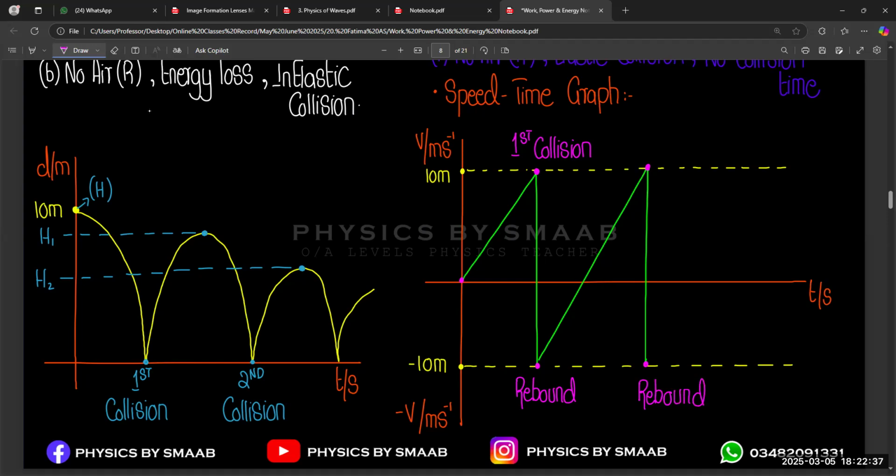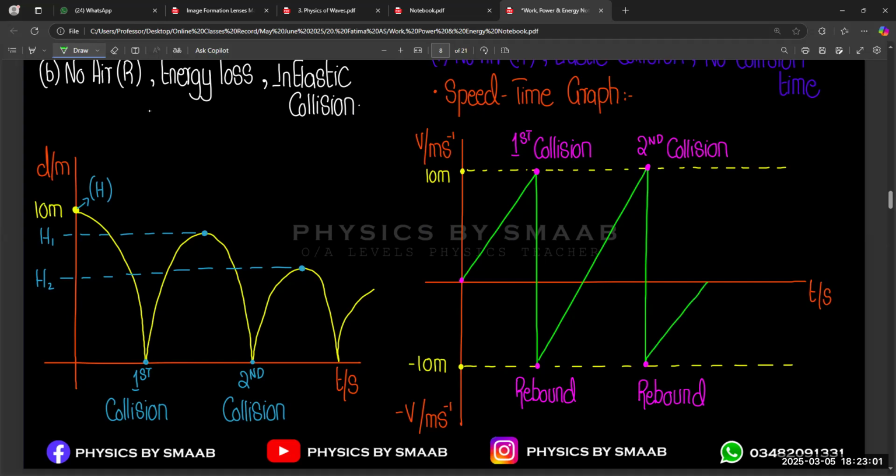And this is the second collision. In the same way, this graphical representation will continue, because there is no energy loss. So it will remain at the same height always.